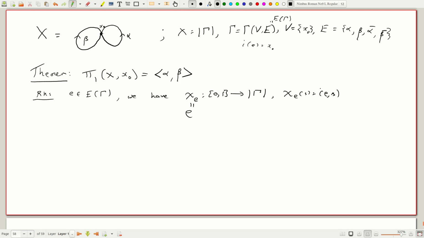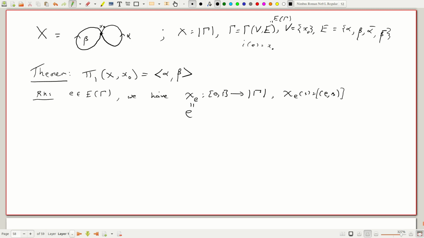More strictly speaking, the equivalence class of the point E comma s in the quotient. We'll just call this map E itself, so that is convenient. So we have paths alpha, beta, and we have paths alpha bar, beta bar, which are exactly as we have there. Now furthermore we need a couple of points about the free group.